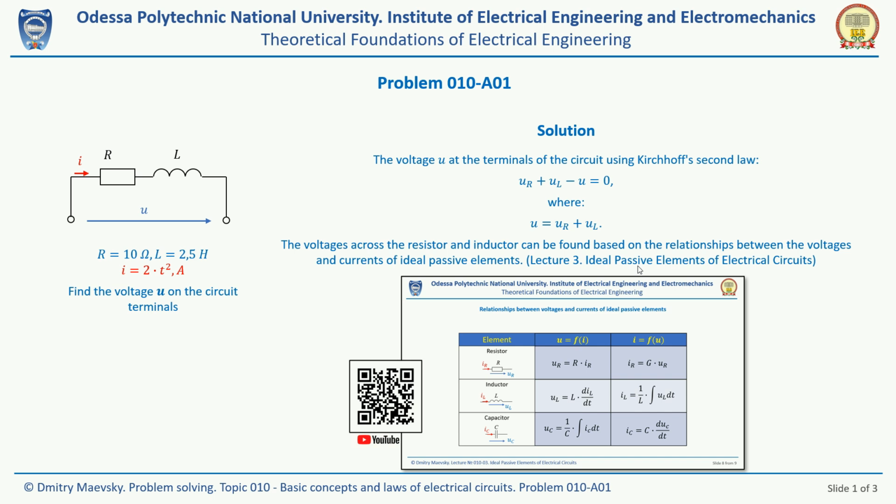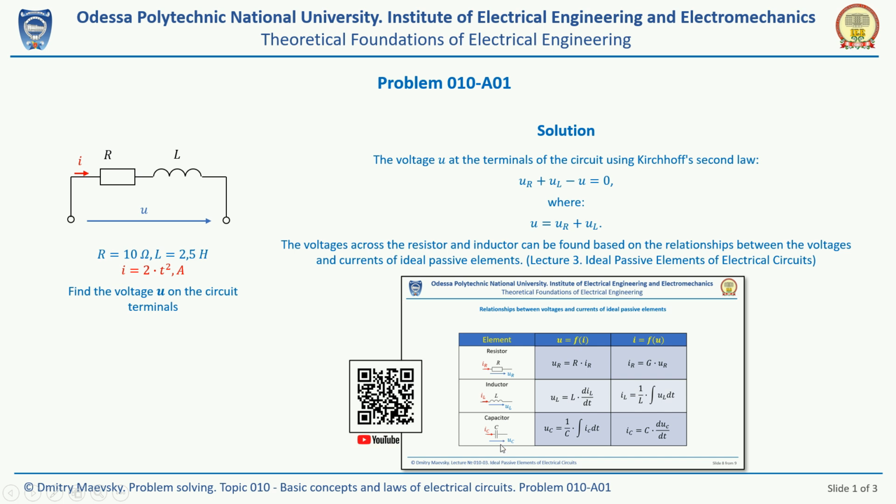To find these voltages, we use the relationships between voltage and current for ideal circuit elements. We covered this in lecture number 3. Here you see a slide from that lecture. The table on that slide shows the relationships between the current and voltages of the passive elements.